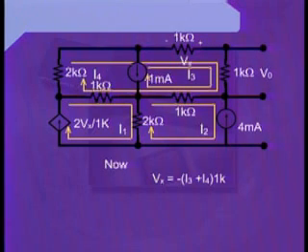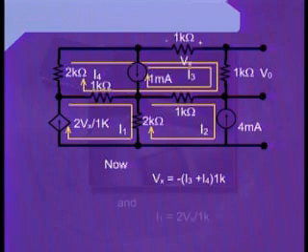Now, taking account of the mesh number 1, we can clearly see that there is only one current which is involved for the mesh number 1, and this current is due to the voltage dependent current source. Hence, the value of the current I1 will be exactly equal to the value of the voltage dependent current source.